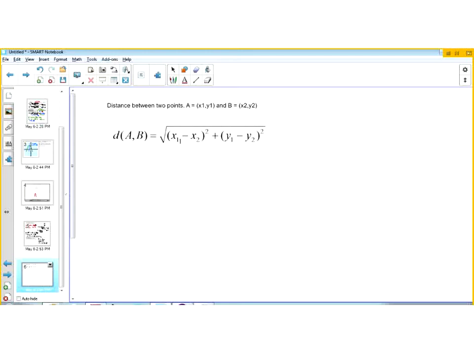So here's our distance formula. It's the square root of the square of the distance between the abscissas plus the square of the distance between the ordinates. Okay? So this is the formula we'll use.